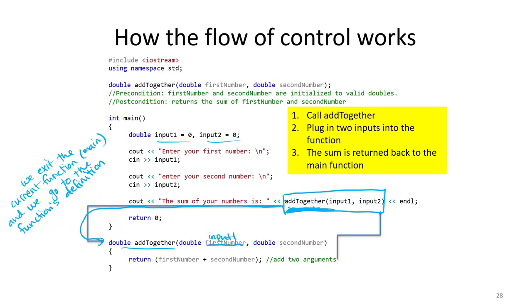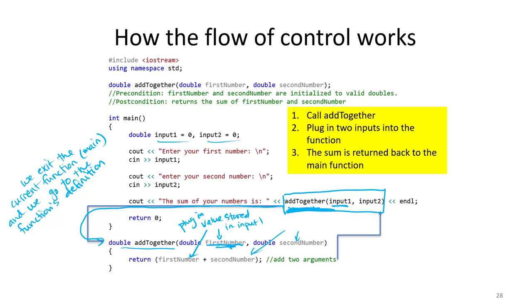And we're going to put input 1 as our first number. So we take the value stored in input 1, so we copy the value from input 1 and put it inside first number. So anywhere where first number appears, we plug in the value stored in input 1.